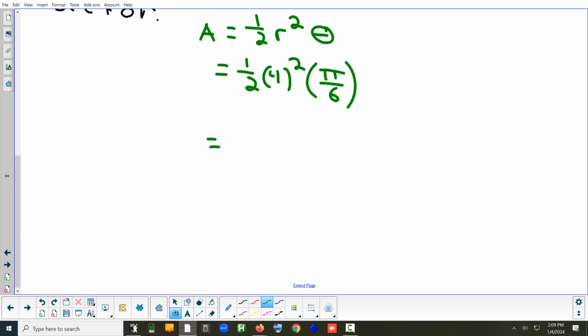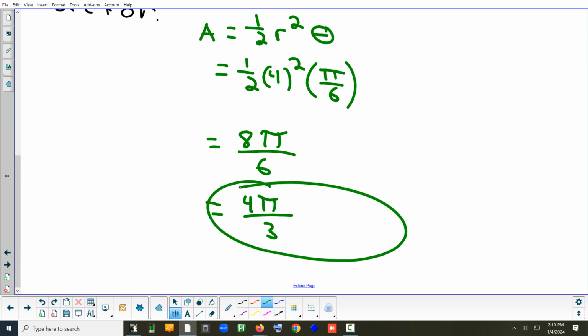Okay, so make sure you follow order of operations. So exponent, what's 4 squared? 16. And then half of 16? 8. So it's 8 times pi over 6, which reduces to 4 pi over 3.